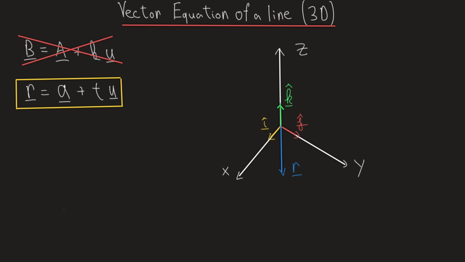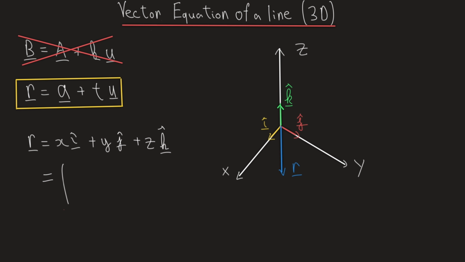Therefore, our position vector r will be written in the form x in the i hat direction plus y in the j hat direction plus z in the k hat direction. So that's our general expression for a position vector r in our Cartesian frame.